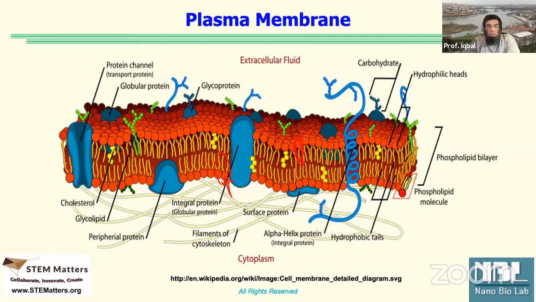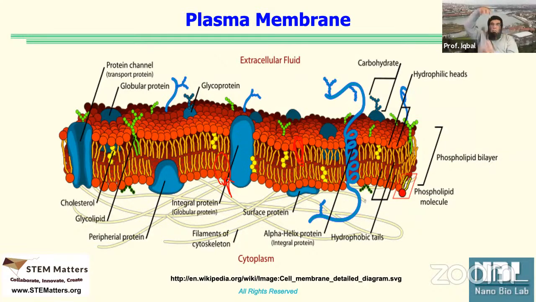Think about the beauty of this: because they have a hydrophobic part, like this integral protein, the globular protein, the big blue one going across. So how is it staying in the middle? Because it might have some internal part which is hydrophobic. So it is right there.